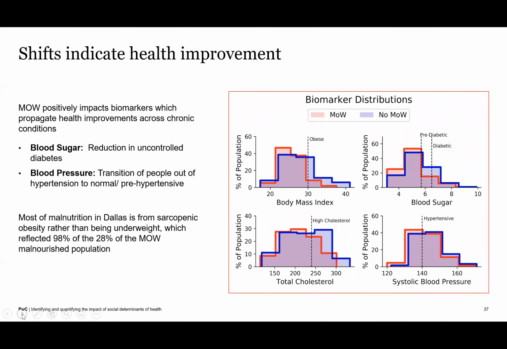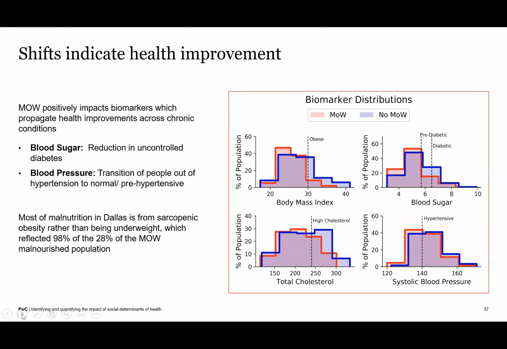This ROI of 61 is driven by a number of things. I mentioned earlier the changes in biomarkers based on the meals that someone eats. On the graph on the right, we're looking at 4 major biomarkers: BMI, blood sugar, systolic blood pressure, and total cholesterol. In blue, we have what the distributions would be without Meals on Wheels, and in red, with Meals on Wheels.